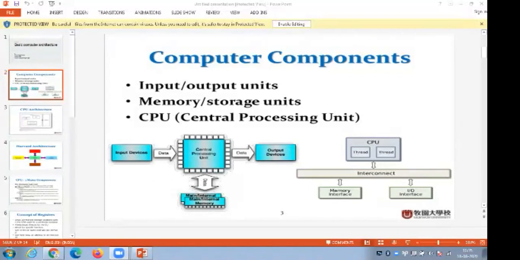I have shown you two diagrams here to show the computer architecture. First, let us know what is there in the computer architecture. The four components are memory, central processing unit, input device, and output device. How they are linked to one another is shown in the diagram here.